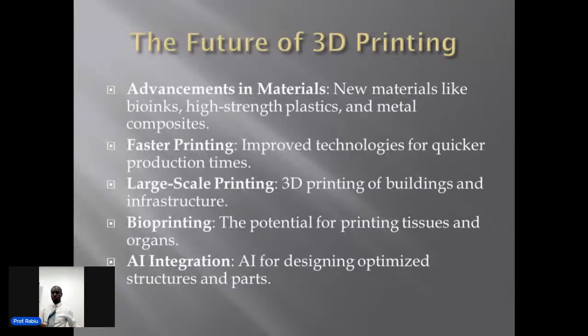Faster printing: improve the technology for quicker printing time. We have to think about the filament and the time it sets. If we put an item and before it dries you put something on top, it will lean to the side, right? We need to come up with a type of material that can set within the time, and a cooling mechanism that will improve the speed of the printing.